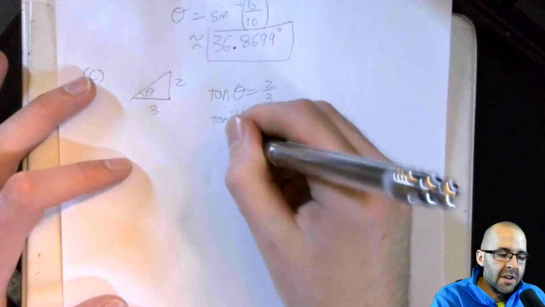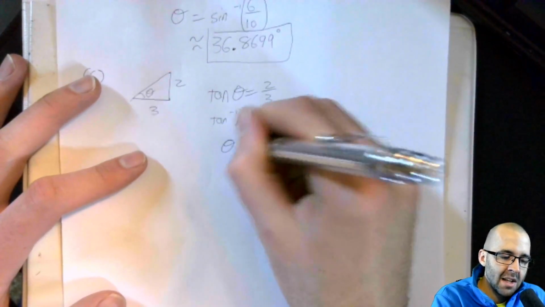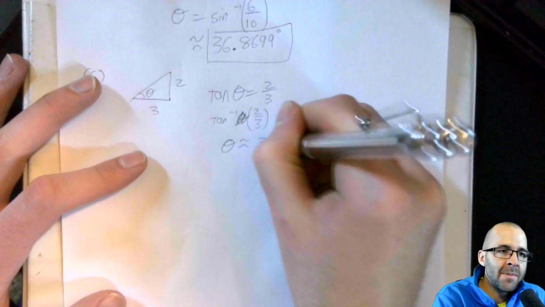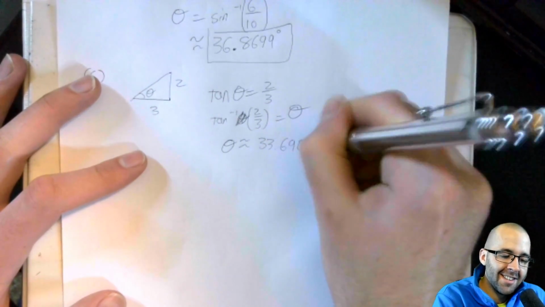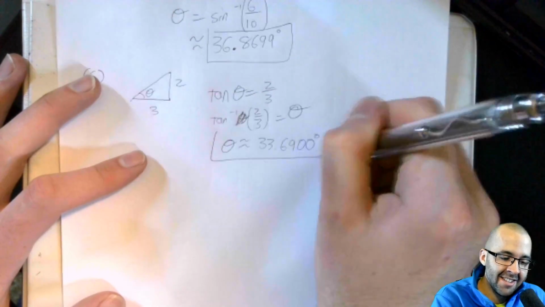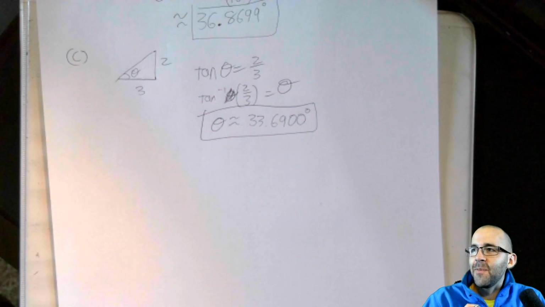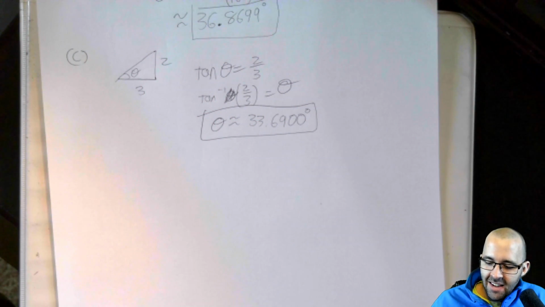And you're going to get about 33. This was not on purpose. You can get approximately 33.69 degrees. With 2 zeros, it really is 0.69 right here. All right. So here we go. And that's example 3.